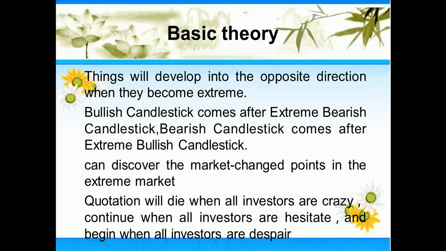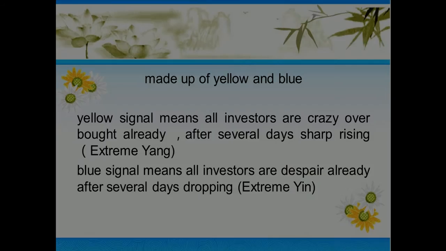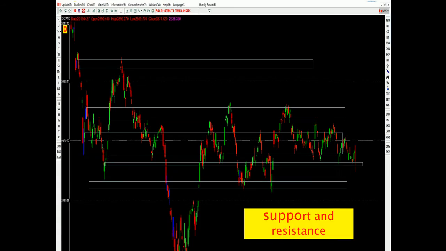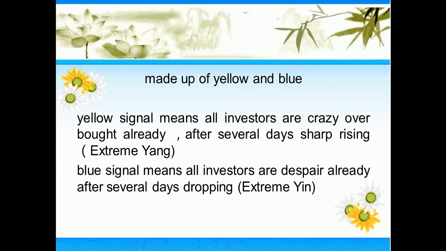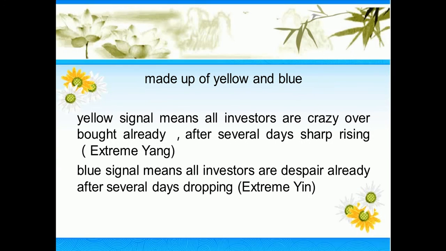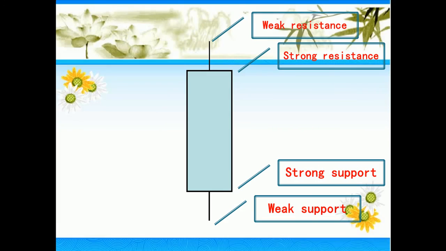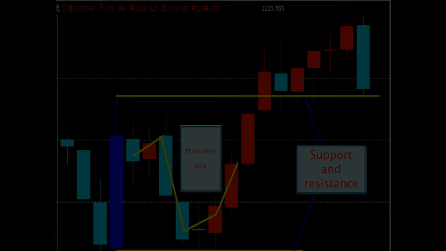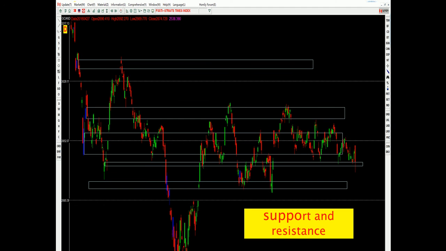Okay. So what's the Taiji signal? The Taiji signal can help us to judge the timing turning point, made up of yellow and blue candlesticks. So this function can help us to judge.